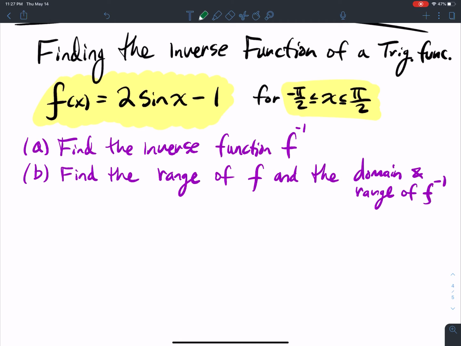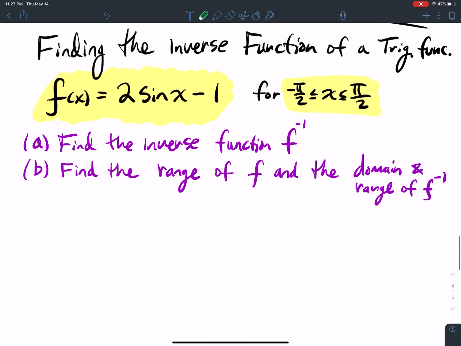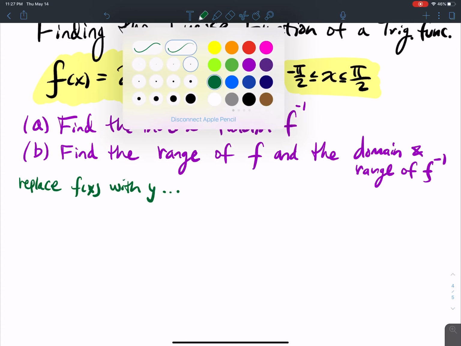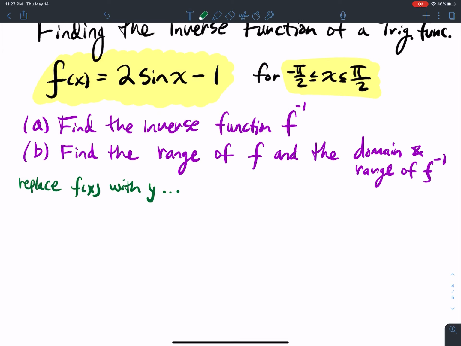So finding the inverse, step one: I'm going to replace f of x with y. So f of x equals 2 sine x minus 1 becomes y equals 2 sine x minus 1.